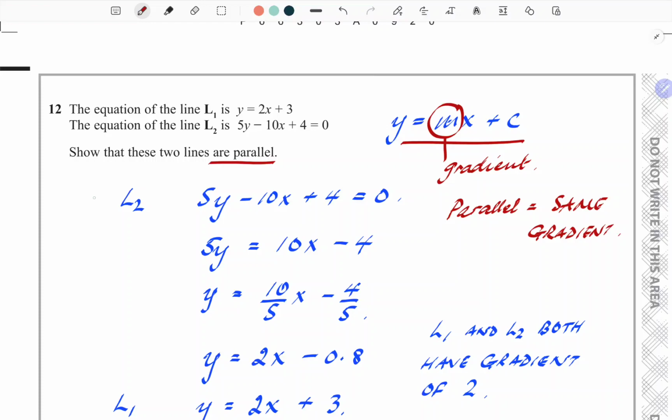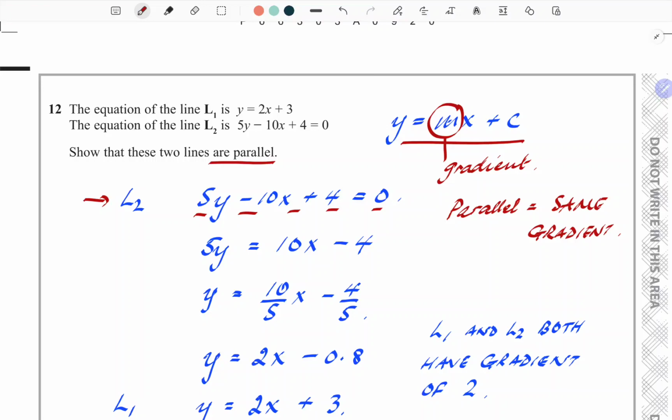So we're going to start with line 2. Its equation is 5y minus 10x plus 4 equals 0. We want to rearrange this and get it into the y equals mx plus c form to make it easier. So move the minus 10x and the plus 4 to the other side.